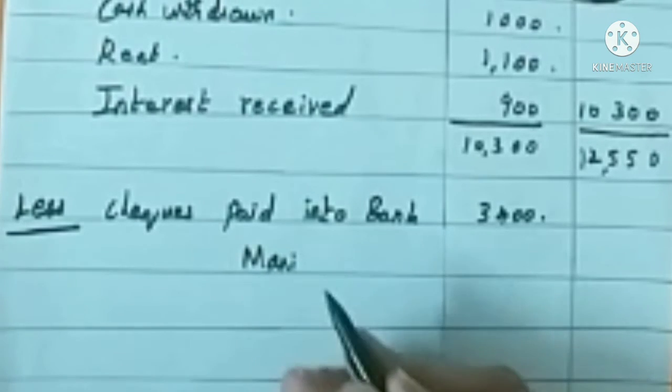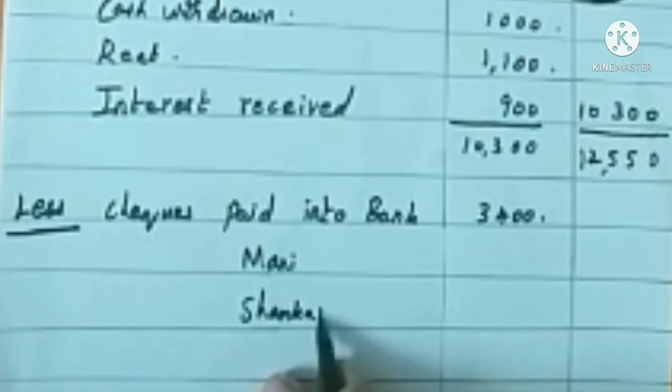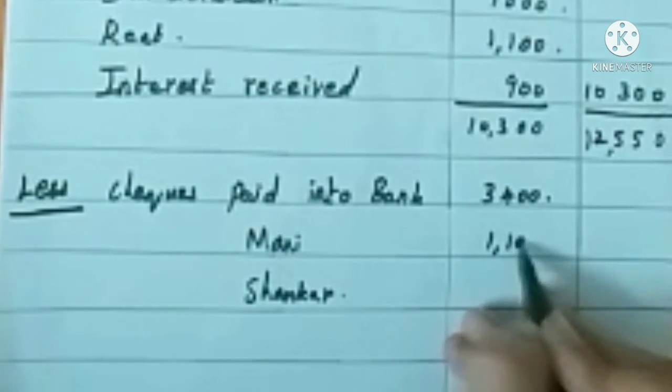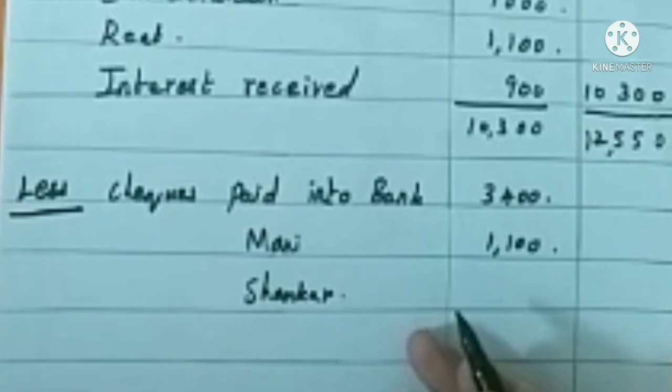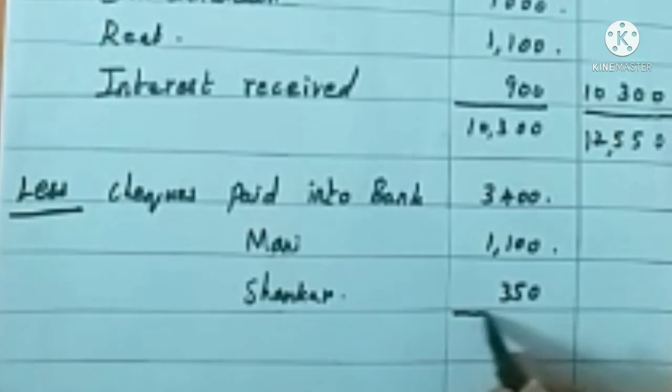Money and Sankar. Amount is rupees 1100. Then 350.